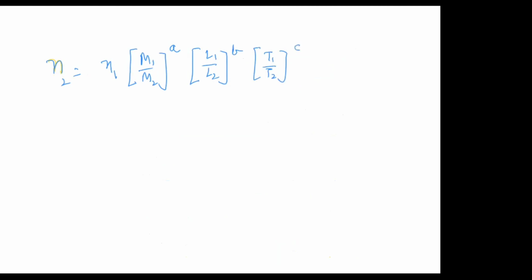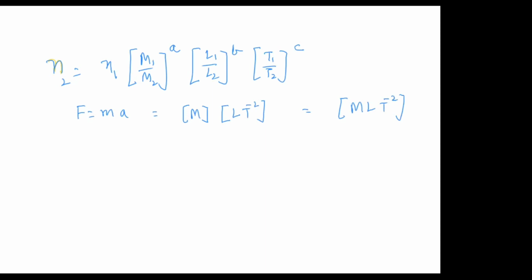Now the dimension of force. Force is what? Mass into acceleration. Dimension of mass is M. Dimension of acceleration we have studied. It is equal to LT minus 2. So the dimension for force we can write as MLT minus 2.